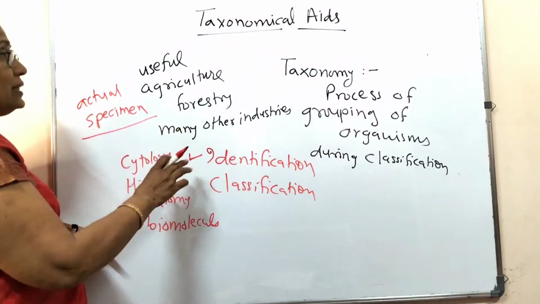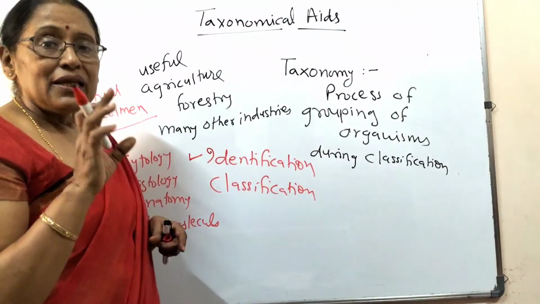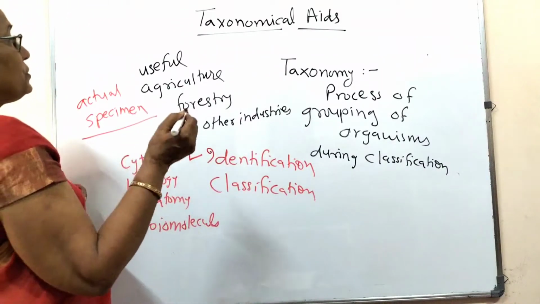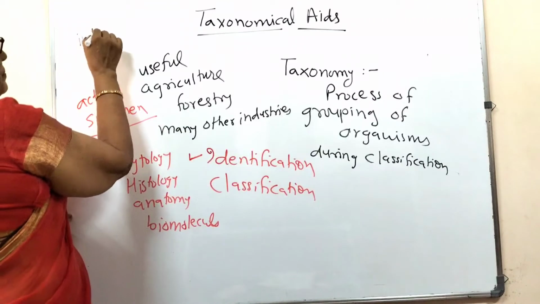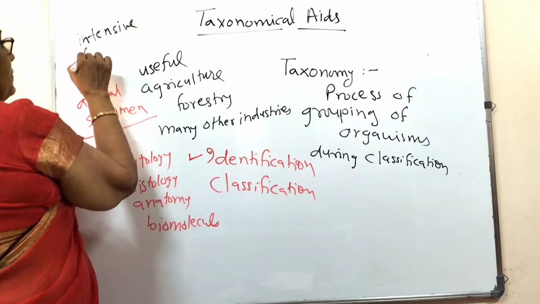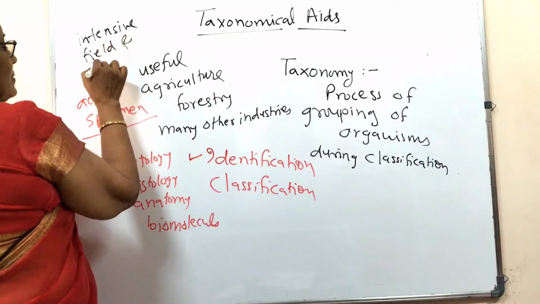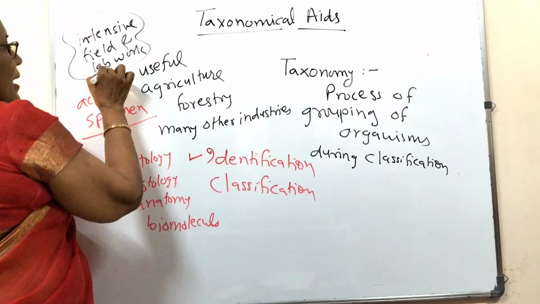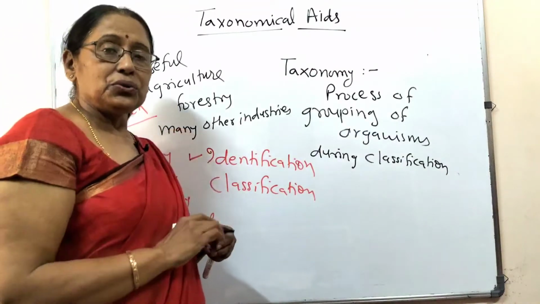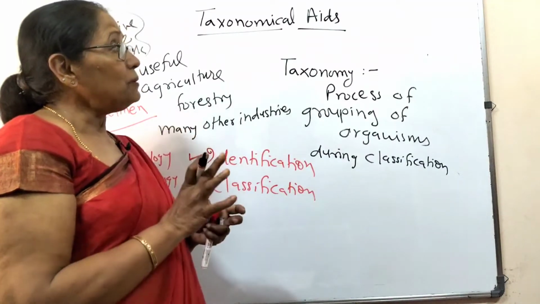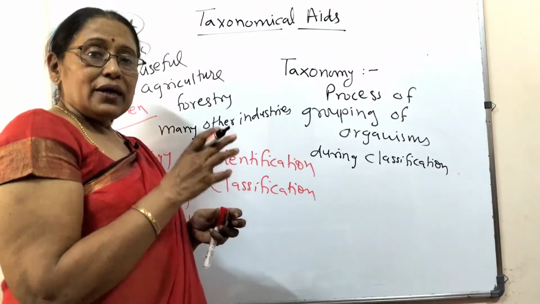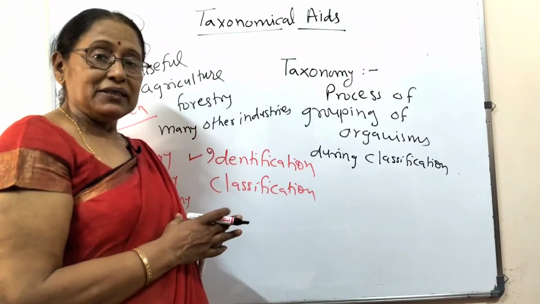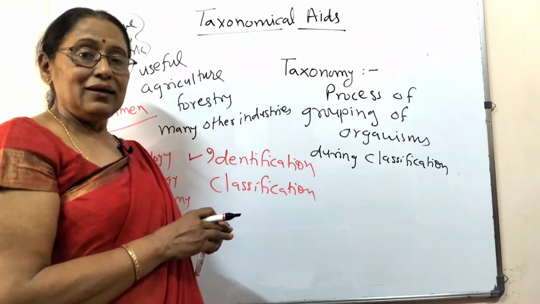Then only we do the taxonomy. That means intensive field and lab work is very necessary for proper taxonomy. And those tools, those techniques which help us to gather the information as well as to preserve or conserve the specimen, these are called taxonomical aids.